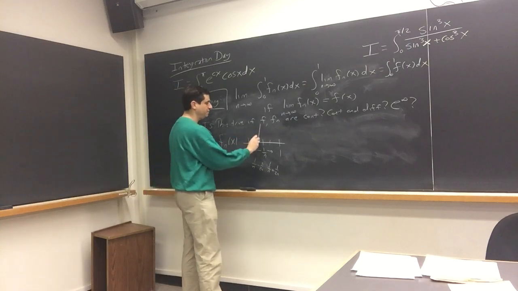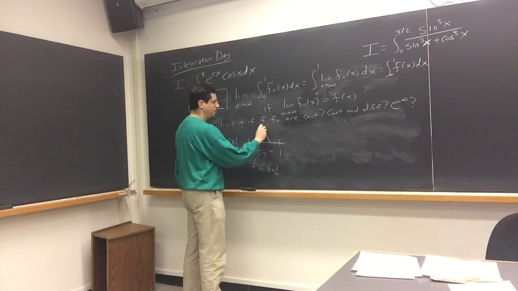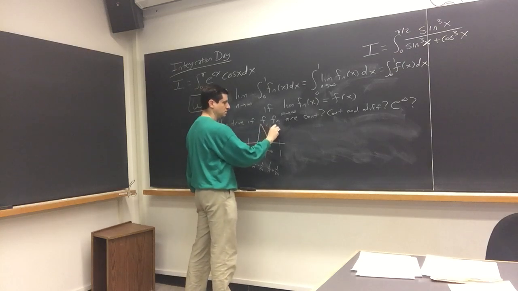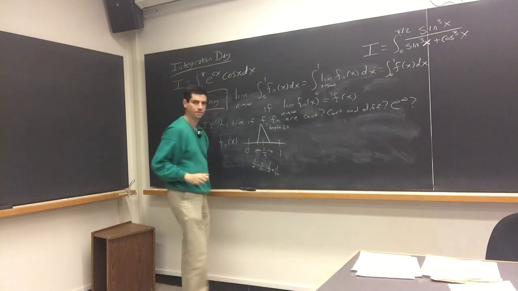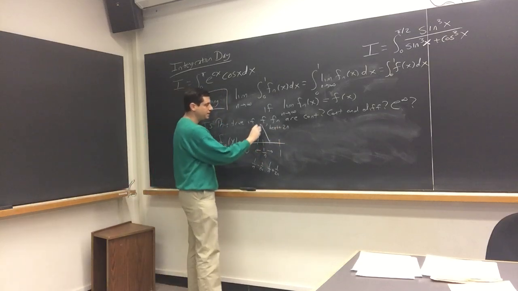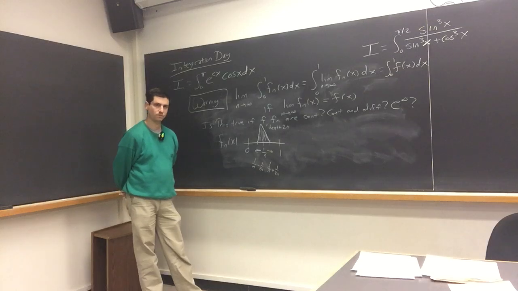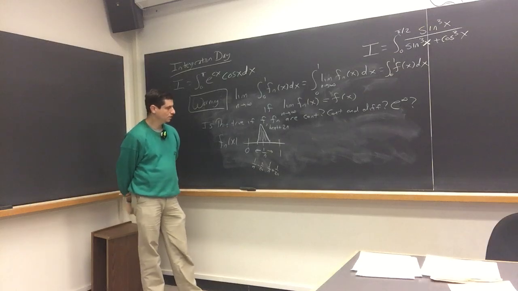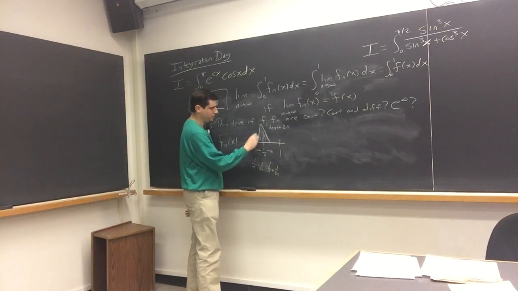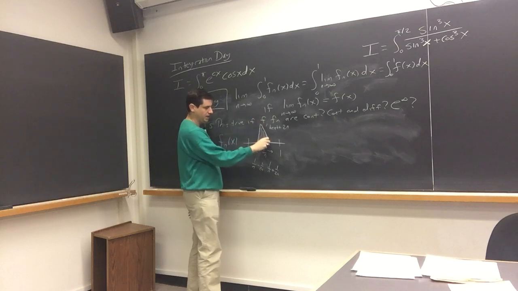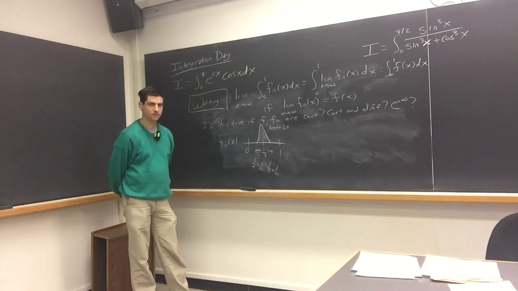And then I'm going to define my function to be a triangle with height 2n. So what is the area under this triangle? Well, it starts over here, goes straight up with the maximum at 1 over n, and then straight down.